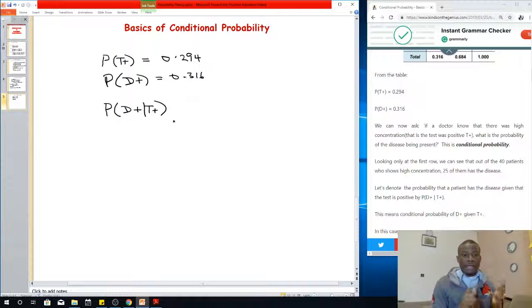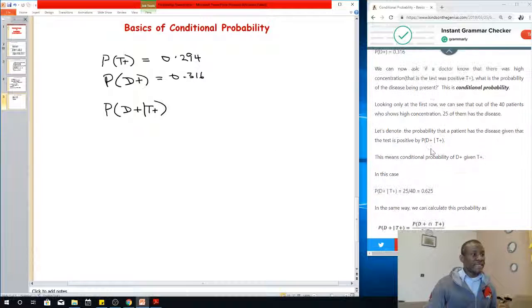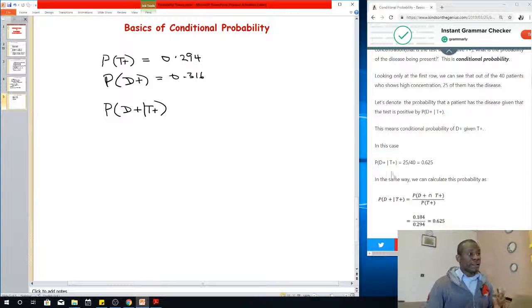The conditional probability that the patient has the disease given that there is high concentration of the substance, or the probability that the patient has the disease given a positive test result. In this case, probability of D plus given T plus is equal to 25/40, which is equal to 0.625.